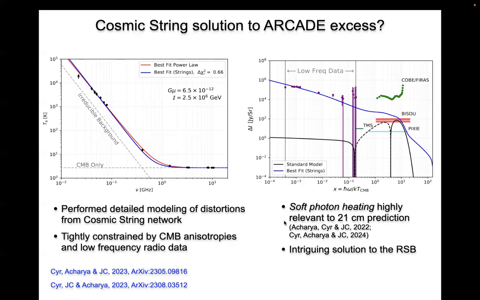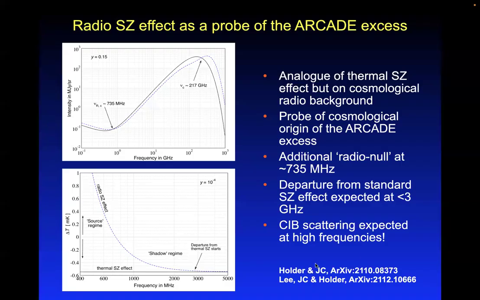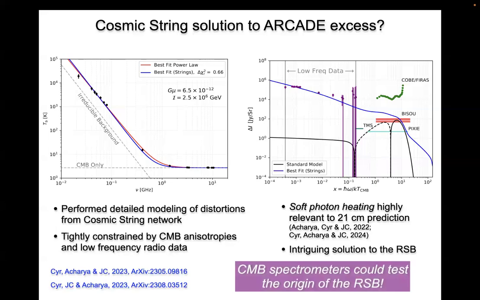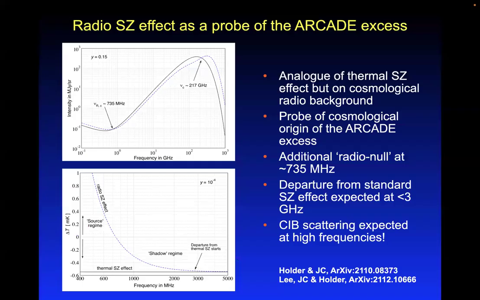One important thing I want to highlight, but I don't have time to go into details here, is that this, of course, is now interplaying with the 21 centimeter line, just like the original suggestion of this radio excess potentially affecting the line. And you have to take into account soft photon heating processes to get this sorted. So this is really intriguing, and it just shows that there's lots more to be learned from CMB spectrometers, and I think this is very exciting.